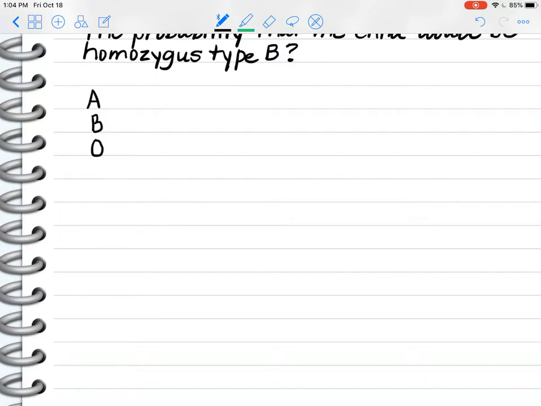We're not going to get into that today, because that's a little bit more than what I want to do right now. But you have three basic types. And what I want to show you is that A and B are both dominant. So they're both capital letters. And O is recessive.